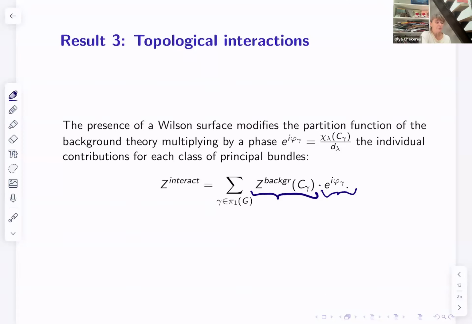It will multiply the partition function for each class of the bundle, and then the total interacting partition function will be summed over all the classes of principal bundles. We call this topological interaction since both theories are defined on the same principal bundles. Both connections are defined on the same principal bundle.